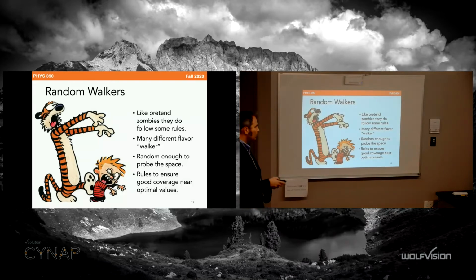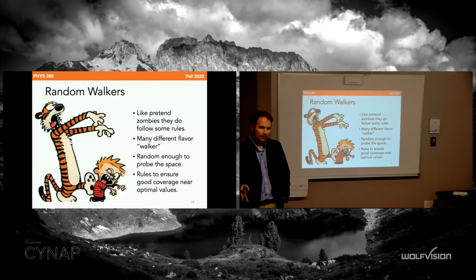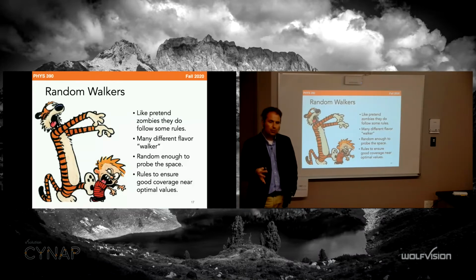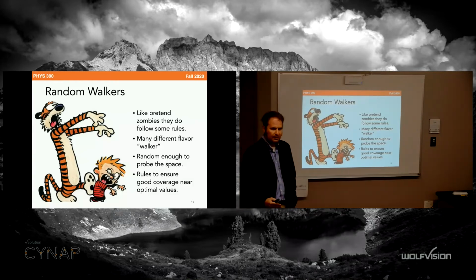They're randomly walking, and there are different flavors of walker. MCMC is almost like a whole family of ways to fit a complex model, because every time you can employ slightly different walker models. Random enough to probe the whole space, but the rules ensure good coverage near the optimal value. It starts taking smaller steps if the chi-square gradient is steep.